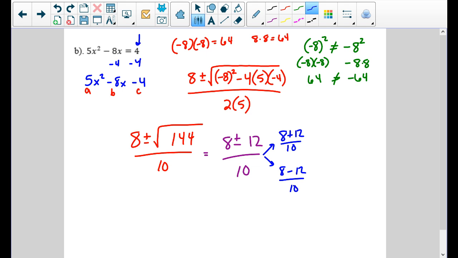So 8 plus 12 is 20, divided by 10 gives me 2. 8 minus 12 gives me negative 4, still dividing by 10, and that simplifies down into negative 2/5. So x equals negative 2/5. Again, it doesn't really matter which one comes first, and 2. My two solutions.